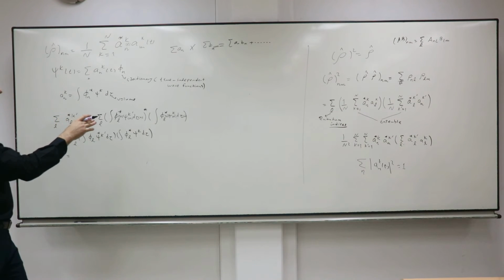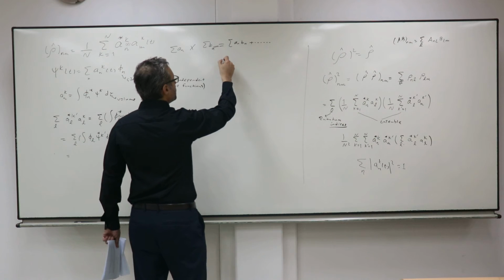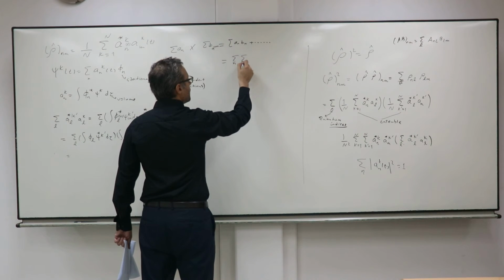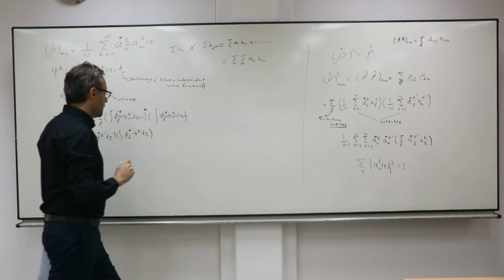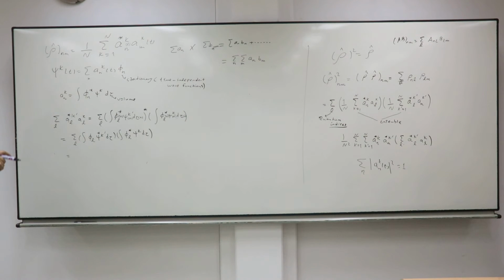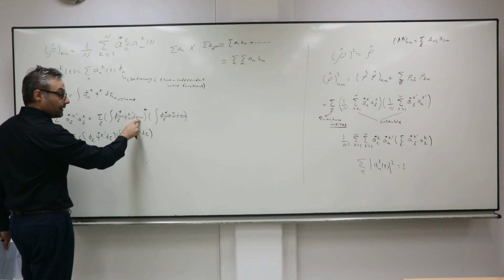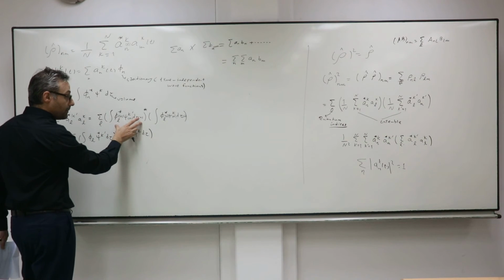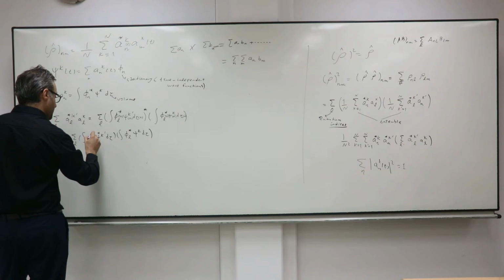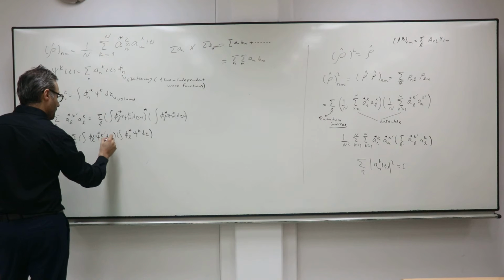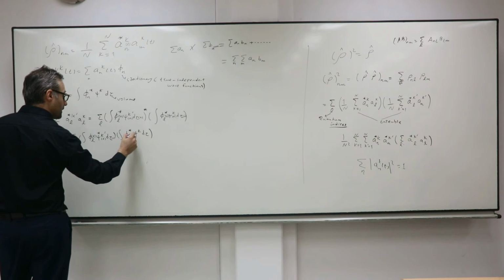So how can I include all of them? A double sum makes everything clear. Each term should have a different index, so this integration is like an index for me. One time it appears with x, one time with x prime. So let me see what the result will be.